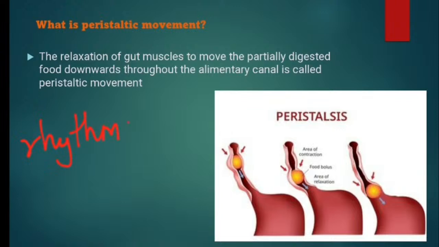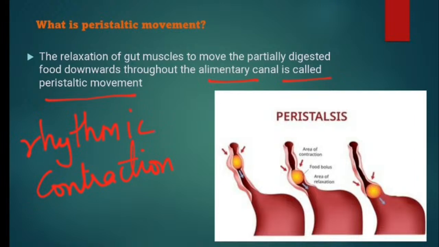Rhythmic contractions take place, and this contraction and relaxation of the muscles of the gut to move the partially digested food throughout the alimentary canal is called peristaltic movement. So you can see in this diagram I have mentioned here how the food is moving with the help of contraction and relaxation of the muscles.